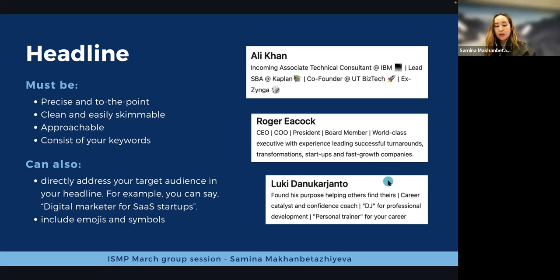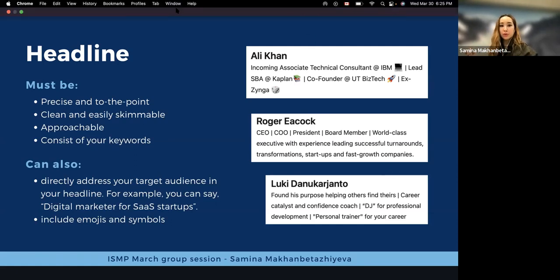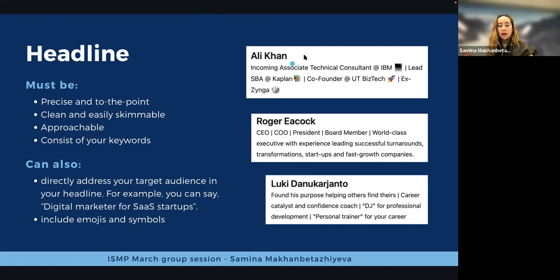And in the third example, Luki has mentioned that he found his purpose helping others find theirs. This is the tagline that he's using. And then he's using a divider to communicate other parts of him, parts of his profession, right? So who he is, what he does.